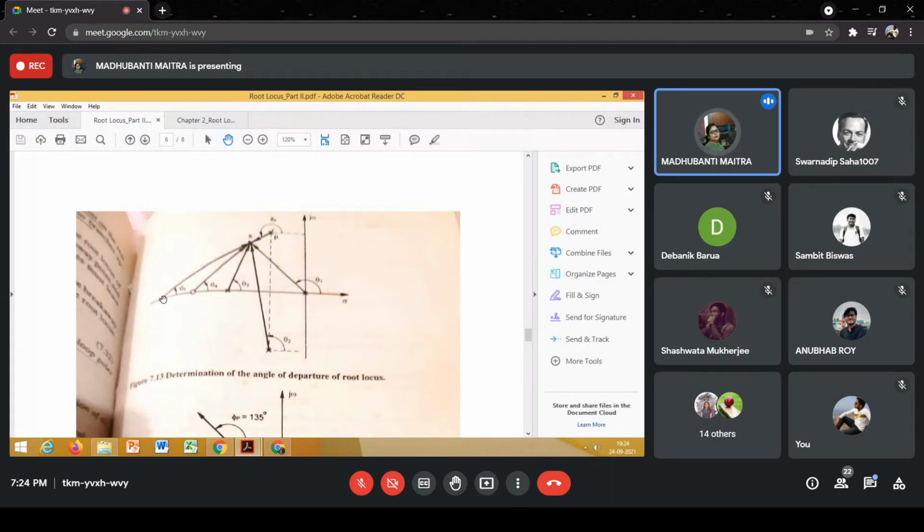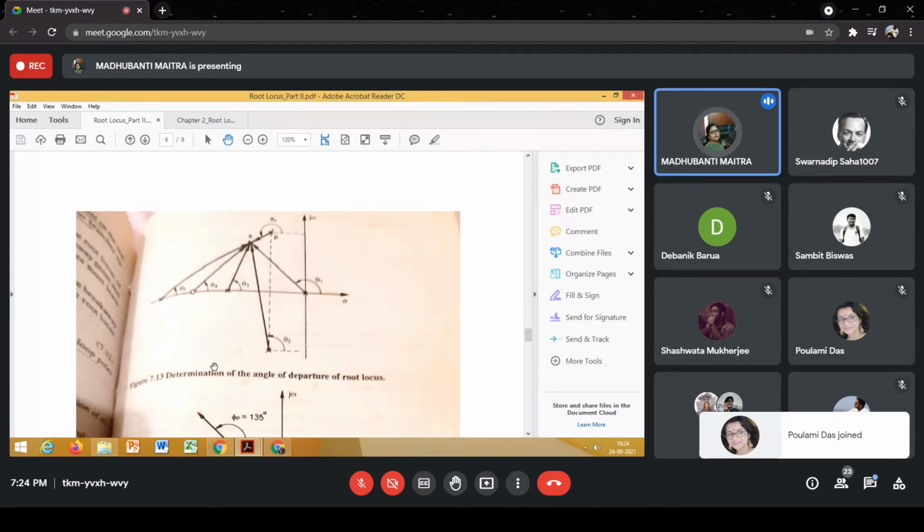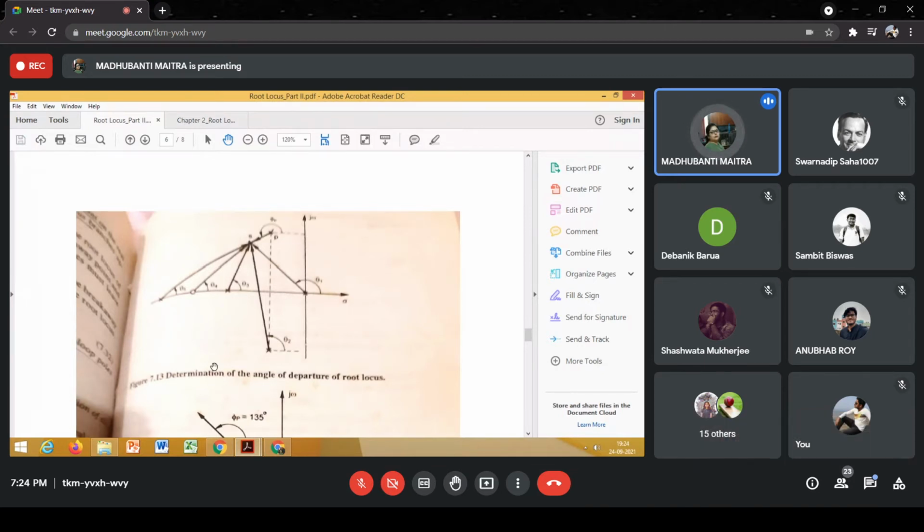Similarly, if this root branch terminates onto this real open loop zero, then it will do so with an angle which is 0 degrees. So now we can generalize that the root branches which originate from real open loop poles will do so either with an angle of 180 degrees or with an angle of 0 degrees.